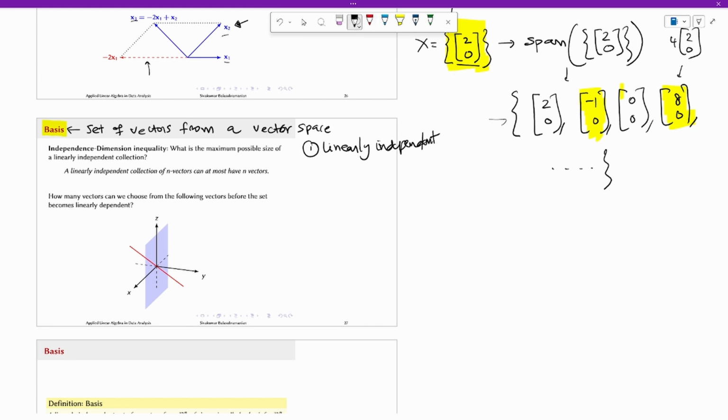Okay. And two, it must span the vector space.